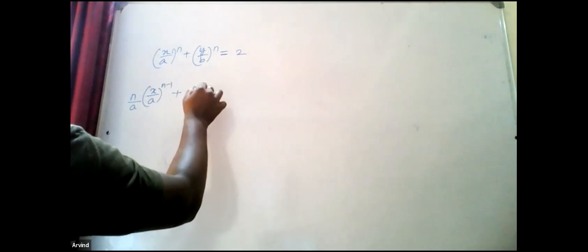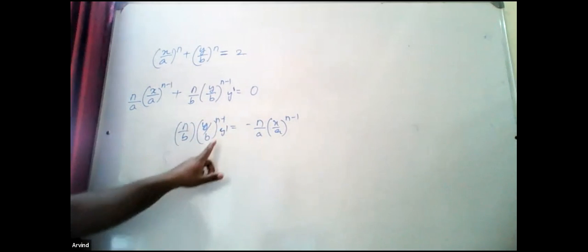Plus similarly for this, n by b into y by b whole to the power n minus 1 into y dash is equal to 0, because we are doing it implicitly. So let's find y dash. n by b y by b whole to the power n minus 1 is equal to minus n by a x by a whole to the power n minus 1, that is equal to y dash.